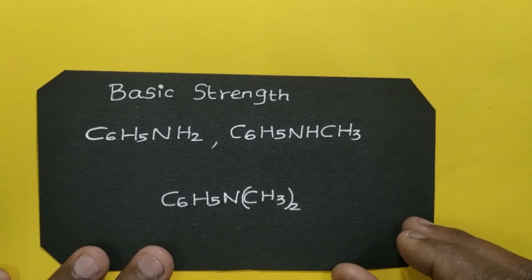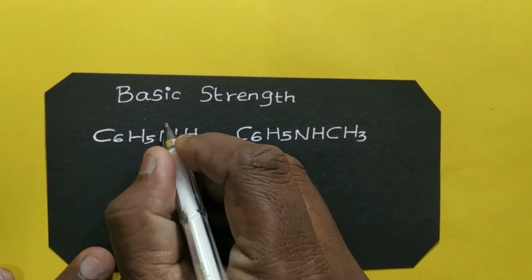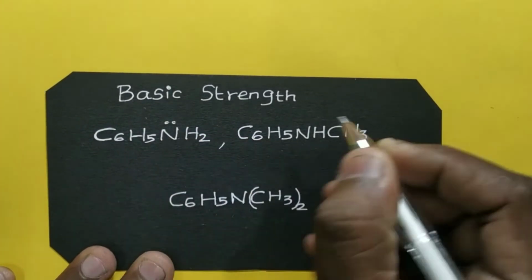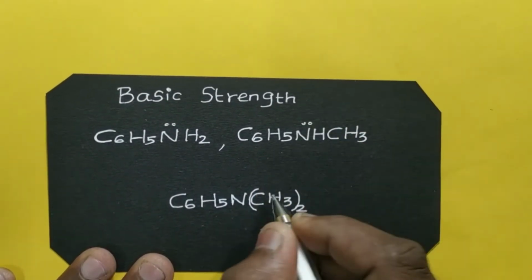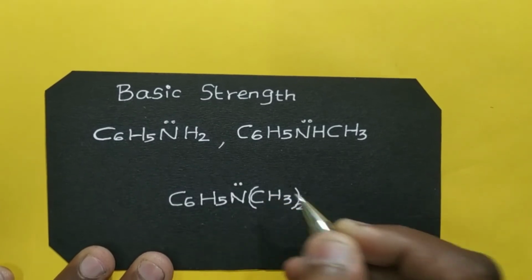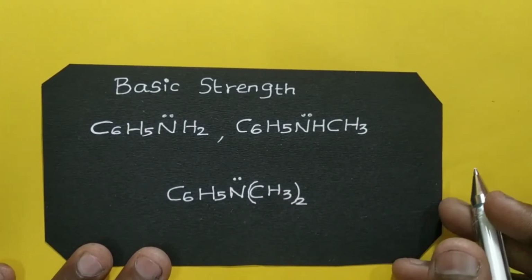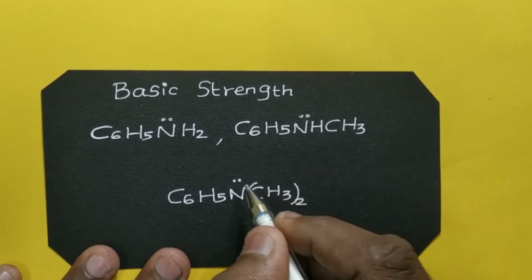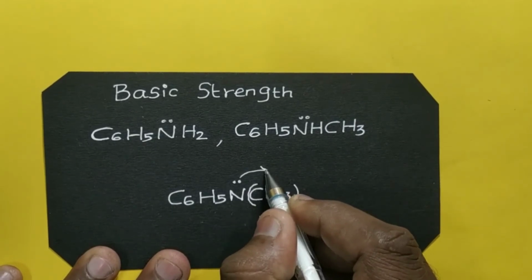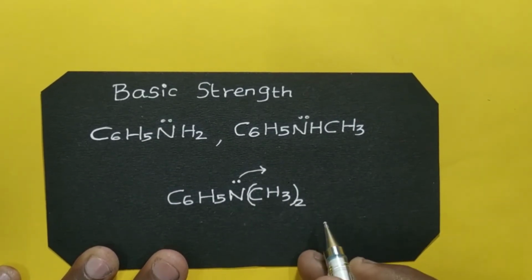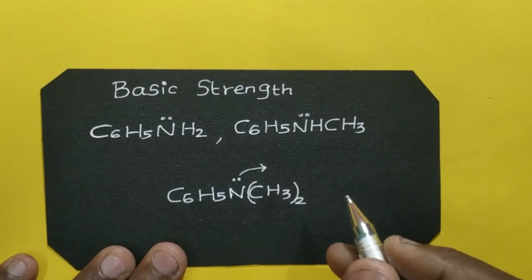What do you mean by base? Here the nitrogen has a lone pair of electrons in all the cases. This is very much responsible for the basicity. If the nitrogen wants to release its electron, at that time it acts as a base.